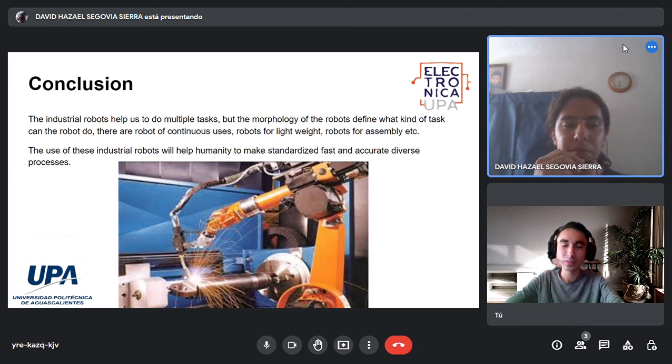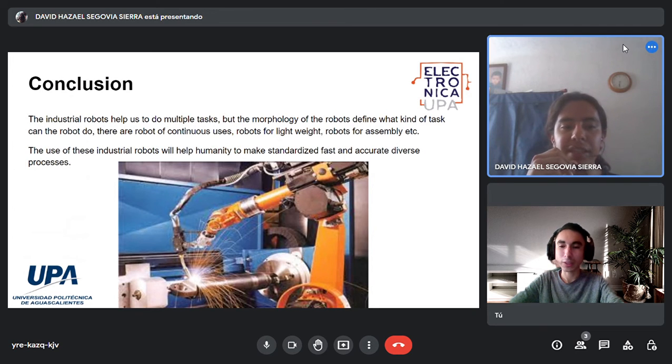The use of these industrial robots will help humanity to make standardized, fast, and accurate diverse processes and tasks. The size of the robot makes it able to do a task corresponding to its size, and the level of freedom of the robot principally affects the tasks that the robot will do.